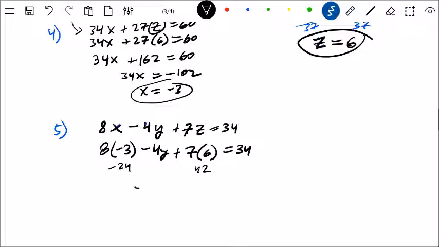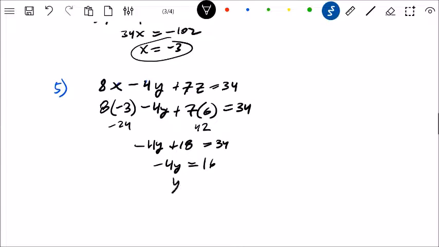So that gives me an 18. So I have negative 4y plus 18 equals 34. Subtract 18 from both sides. We're going to get a pretty easy number. When we divide by negative 4, we get y is equal to negative 4, because negative 4 times negative 4 will give us 16.